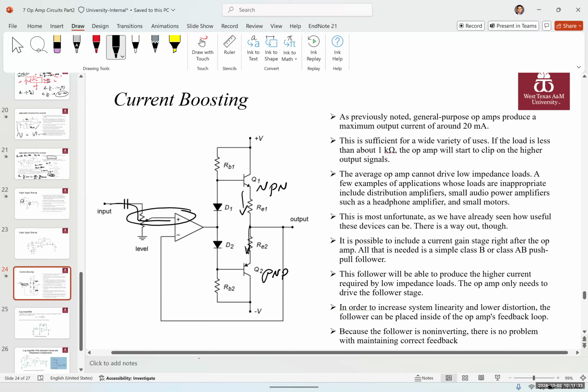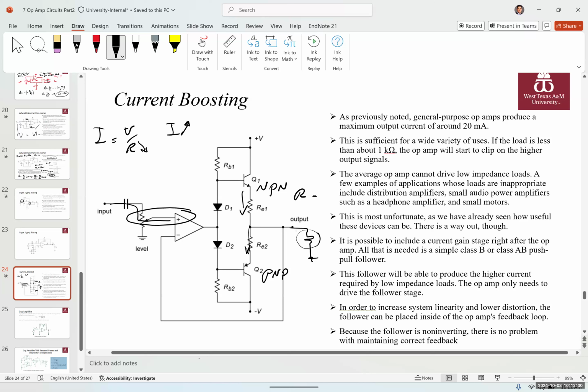For example, if I have a load which is short-circuited or a very low resistor, according to Ohm's law, I is equal to V over R. V is fixed. If we reduce the resistor, the current is going to increase. So if we have a short circuit, the current is going to be maxed out.